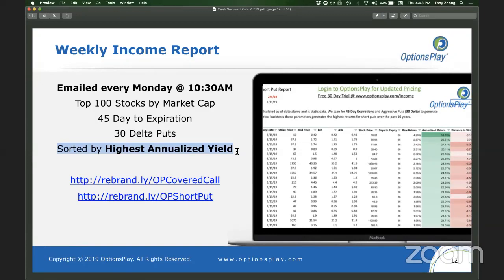You can look through that list to see if any are stocks you want to own. It tells you exactly the bid ask, the strike price, the number of days to expiration, as well as both the raw return and the annualized return of that short put, to give you an idea of how much discount you're actually receiving.